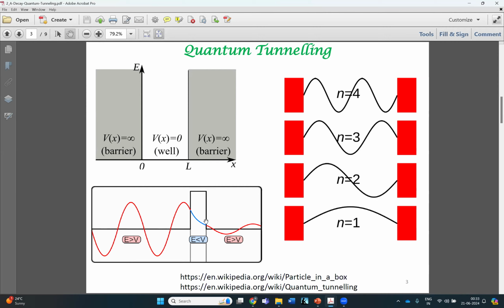This aspect is what is referred to as quantum tunneling. Even if your energy is less than the potential energy, unlike in classical mechanics, in quantum mechanics you may still cross this activation barrier and get through the barrier to this region.